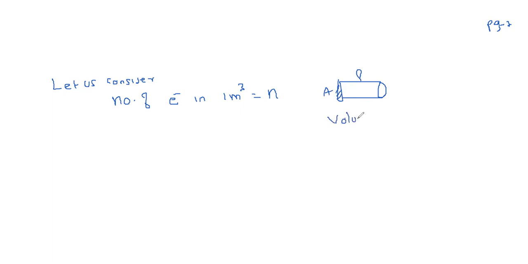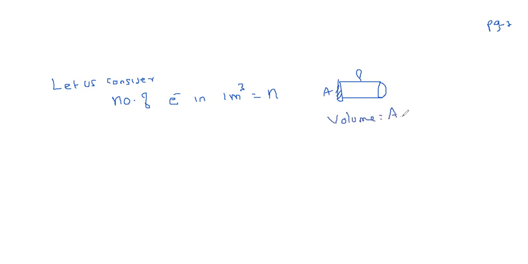So let us consider the number of electrons in 1 meter cube is equal to small n. If you take a wire, the volume of the wire is area into length, A into L. So what is the volume of the wire?